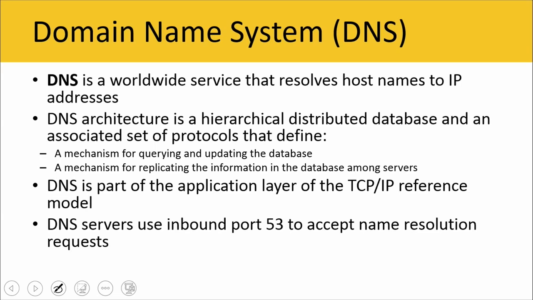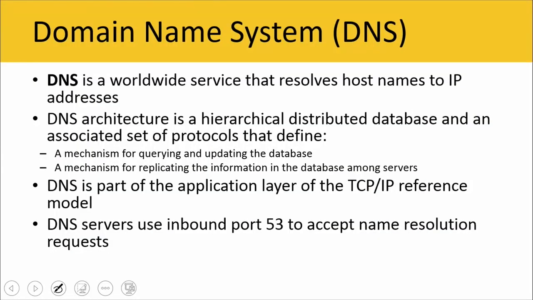DNS architecture is just hierarchical and distributed, and it has an associated set of protocols that define a mechanism for querying and updating a database. It has a really extensive database that aligns names with IP addresses, and that's very similar to a telephone book that aligns telephone numbers with names. And of course, for some of you, you may not even know what a telephone book is because those are starting to go the way of the dinosaurs.